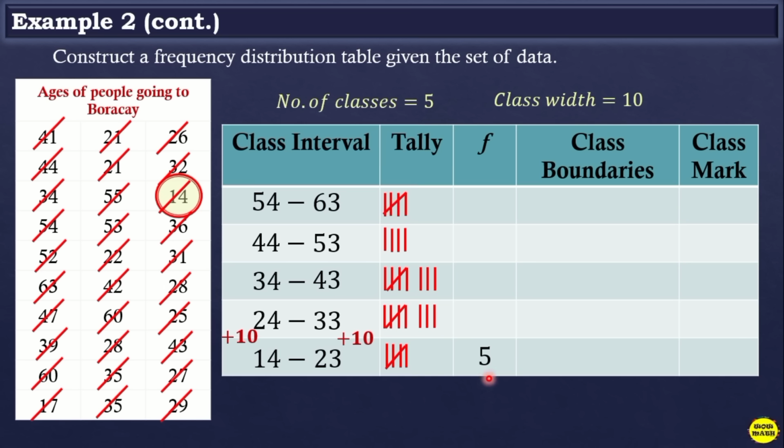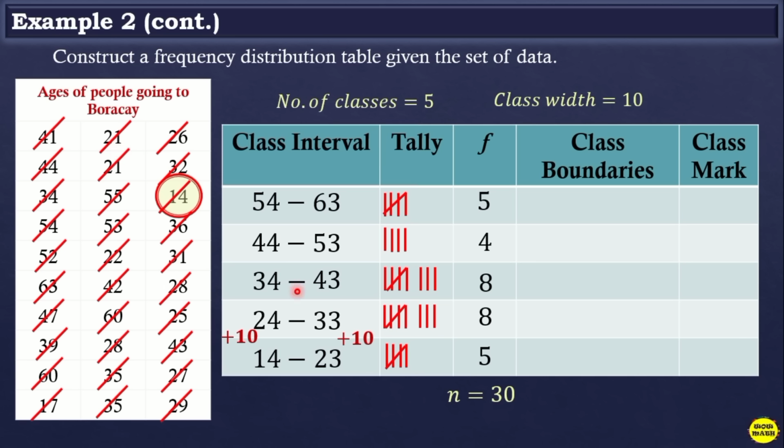We have 8, 4, and 5. Add natin ito, dapat magtali po siya sa ating data which is 30. So we have 13 plus 8, 31, plus 4, 35 plus 5, 40. So, our n is equal to 30. Okay? So, 30 po na kung saan nagsatis po siya dun sa bilang ng ating data.